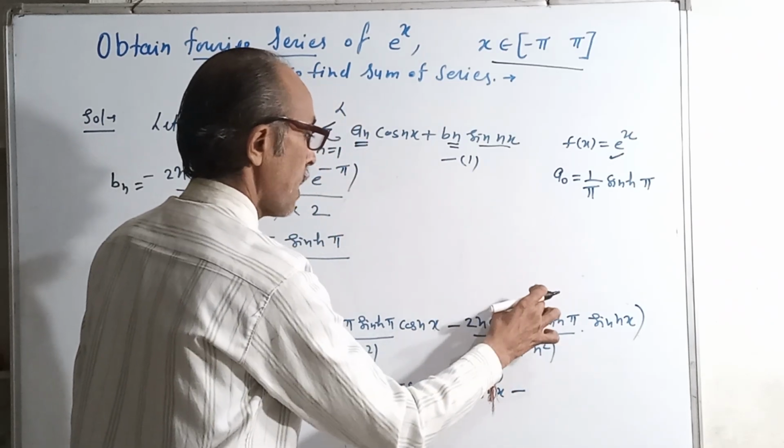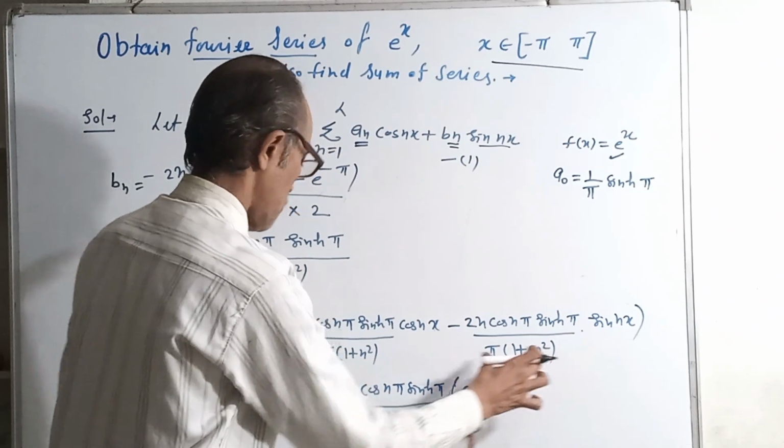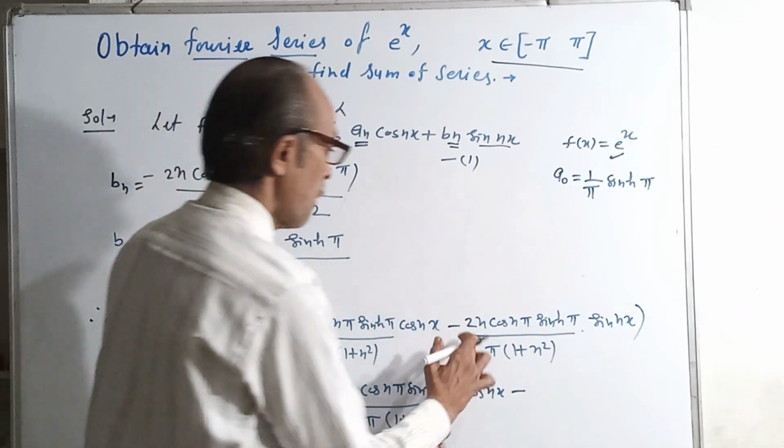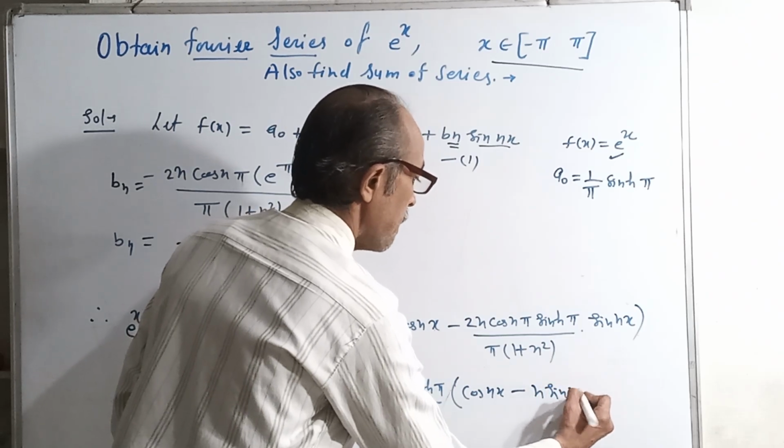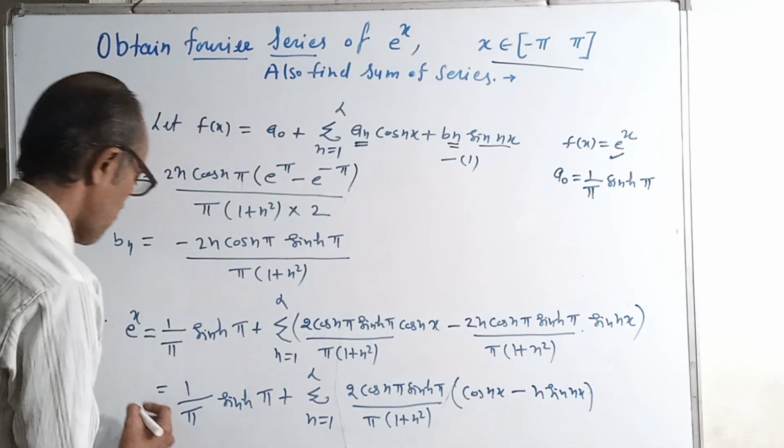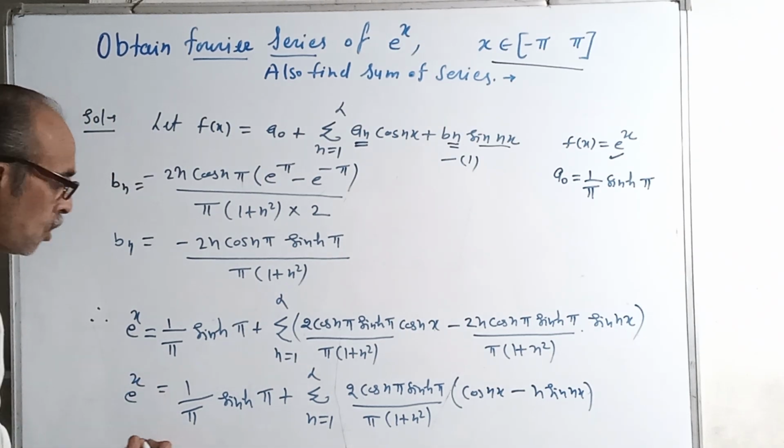So 2 cos(n pi) sinh(pi) over (1 plus n squared) is common, then minus n sin(nx). This is our Fourier series for the function e^x.